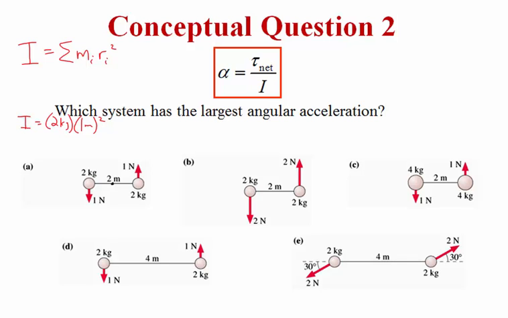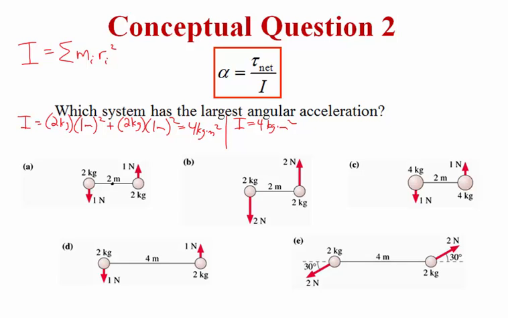That's the rotational inertia for the left-hand side, and I add to that the rotational inertia of the right-hand side, which is also 2 kilograms times 1 squared. And so this gives a rotational inertia of 4 kilogram meters squared. Finding the rotational inertia in case B, it's the same 2-kilogram objects each 1 meter away. So this one will also have a rotational inertia of 4 kilogram square meters.